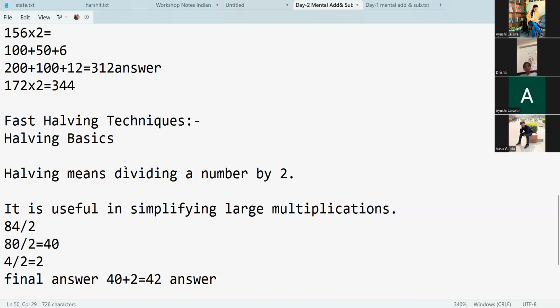I'm done. Done? Yes, ma'am. Okay. Now just do one basic question: 42 divided by 2. Just solve this one, then we go to the next part.